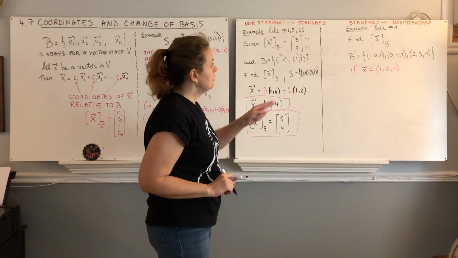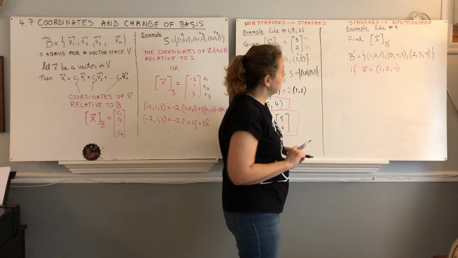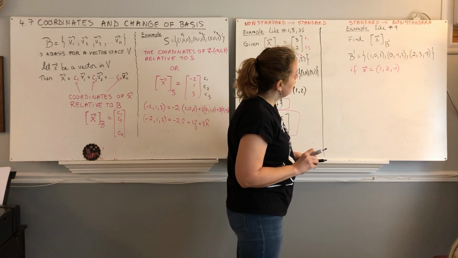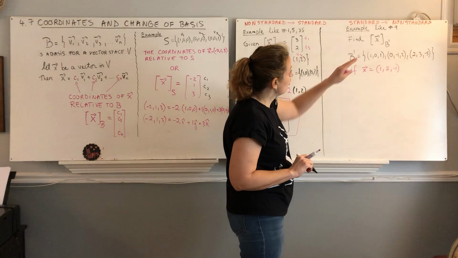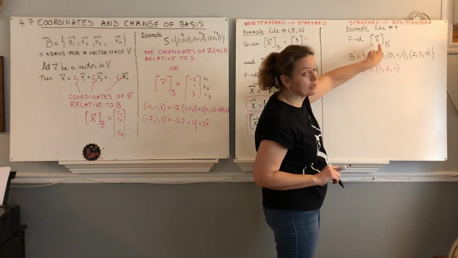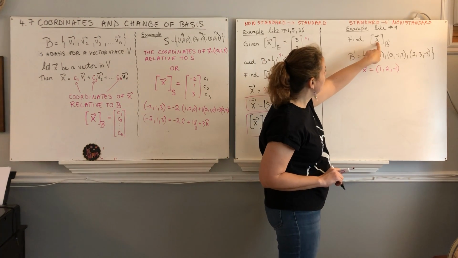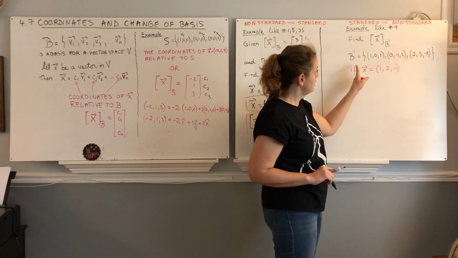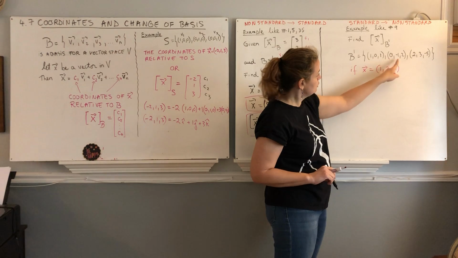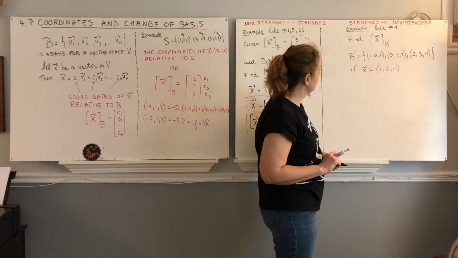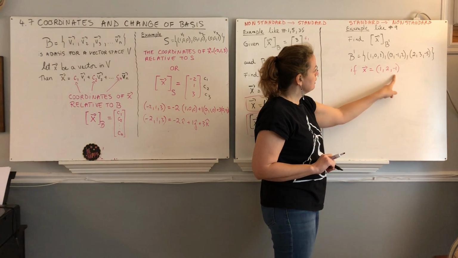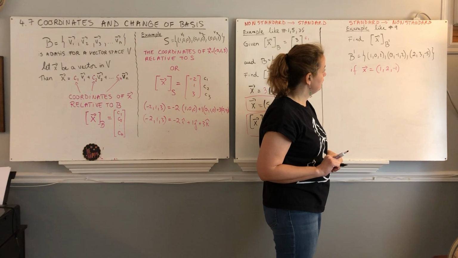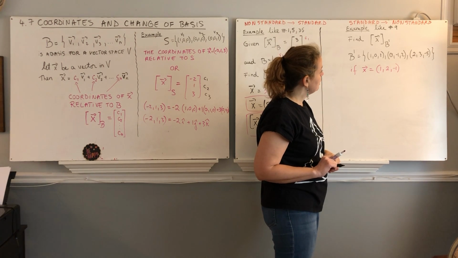Now, let's say this is an example like problem 9. Let's say you're going to find the coefficients, right? So brackets means coefficients of x relative to b prime. That is a non-standard basis, right? It's not i, j, k, it's these vectors here. And I am given that x is this vector. What does that mean?